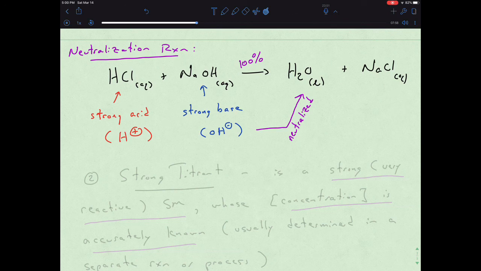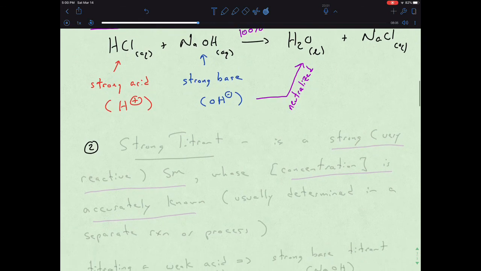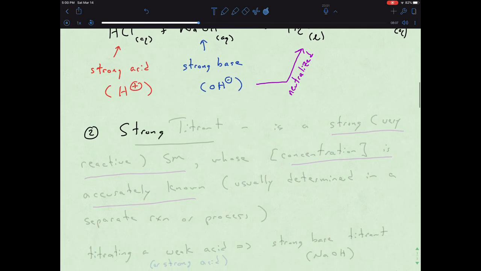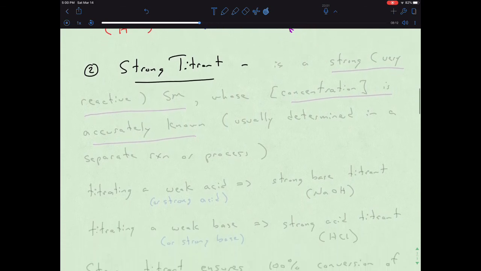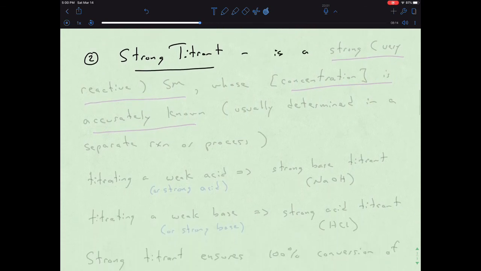The second thing, which I hinted to above, is the necessity of a strong titrant. A strong titrant is a strong, or very reactive, starting material whose concentration is accurately known.